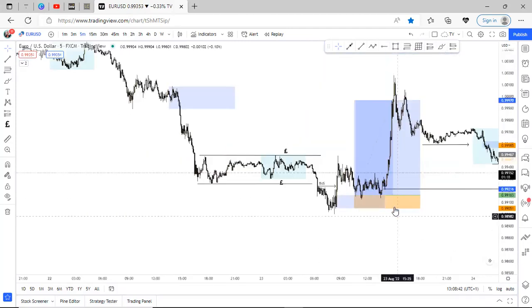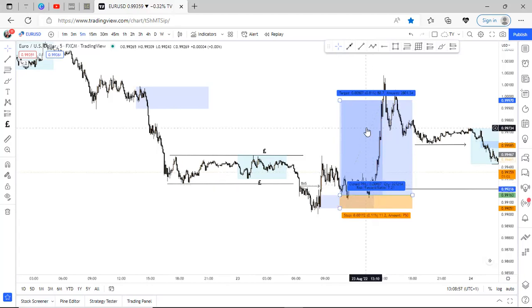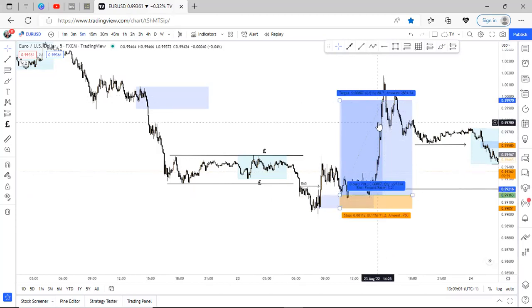And I think later on in the afternoon, during the New York session, there was news around 1:30. There was news on USD which was negative, and that news went in my favor because the US dollar was negative.